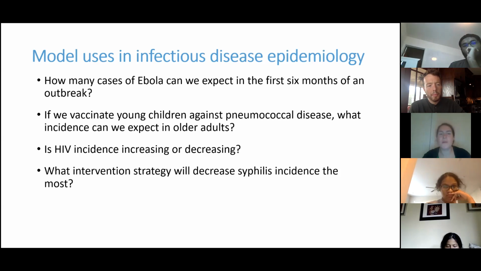So we use mathematical models to try to get at that question so we can understand what's really happening on the ground. And then another example, what intervention strategy will decrease, for example, syphilis incidence the most in a given population. So these are kind of the flavors of the types of questions that are bread and butter to infectious disease modelers, where we've used these types of models in the past.